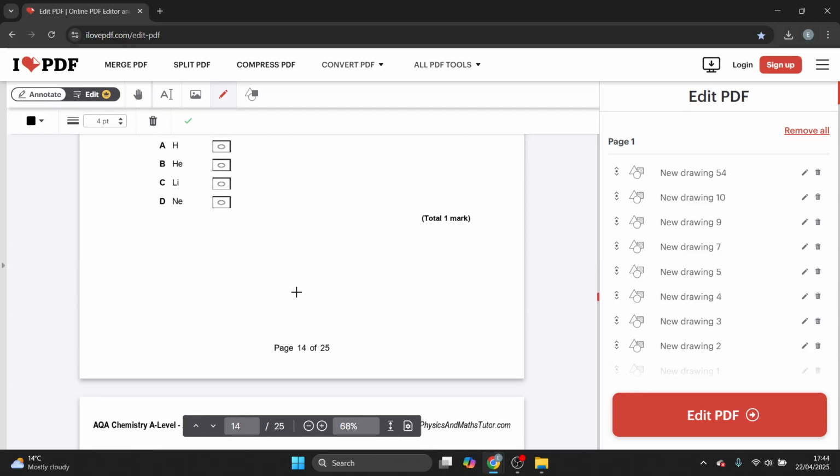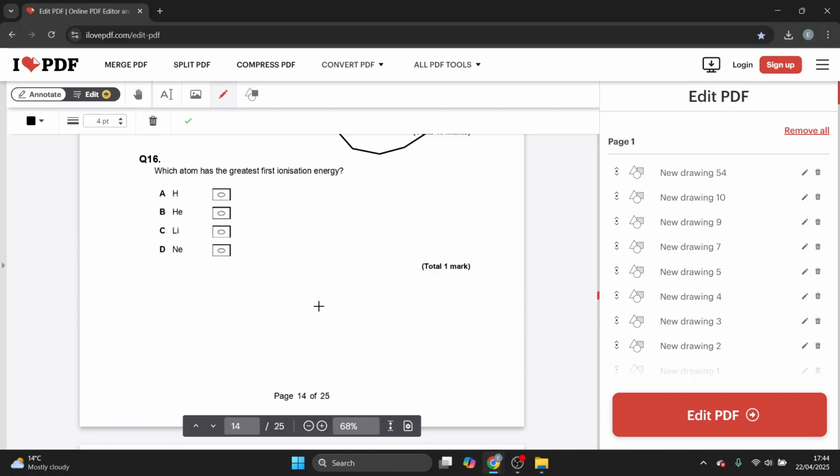Which atom has the greatest first ionization energy? Helium. Well, let's have a look at it. I'm going to do some explanation. So, hydrogen's got one electron. Helium, 1s2.